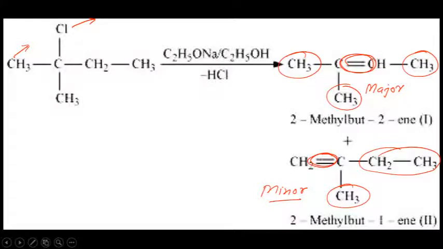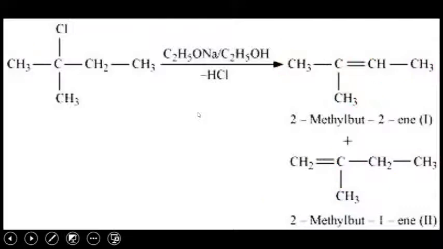Where will the double bond be? On the second carbon in the first case, and on the first carbon in the second case. Remember, the double bond decides the numbering. So this is the first carbon, and here it is the second carbon.